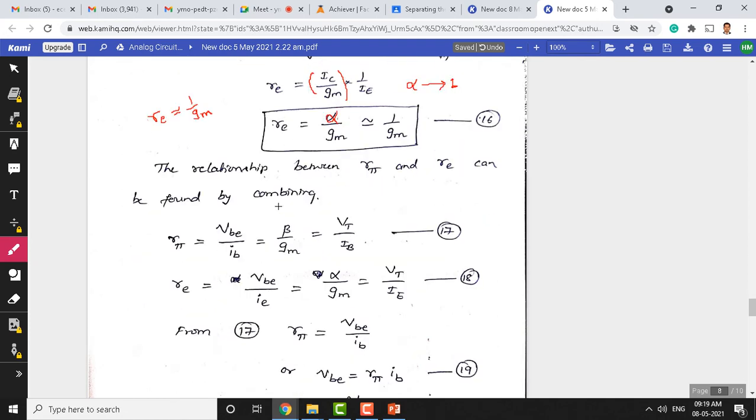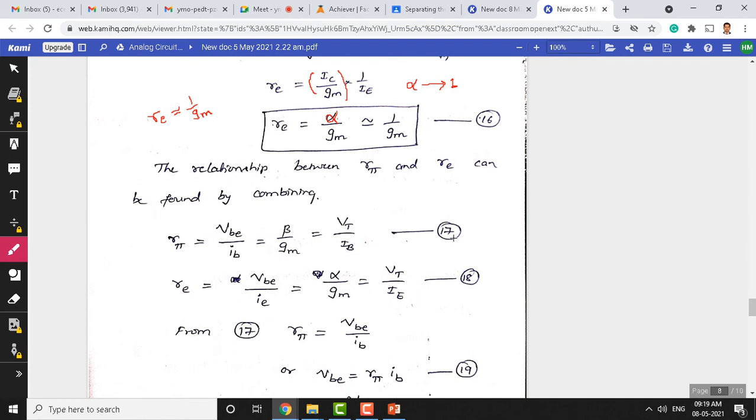The relationship between R pi and RE can be found by combining these expressions. We know that R pi, which is measured between VBE and IB, can be written as beta by gm. These are the alternative expressions we have derived already. And this can also be written as VT by IB.